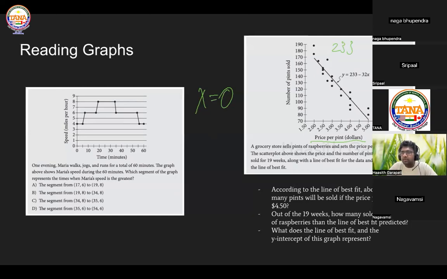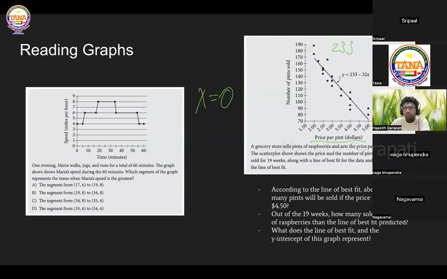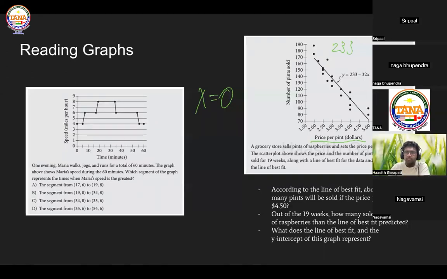Okay, it seems we have some questions. Sripal, you have a question? Yes. So when it's for the first part, when it says according to the line of best fit, how many, like the first question, would we have to do that algebraically and give the exact answer since it's not a multiple choice question, or is it just 90, like you said?